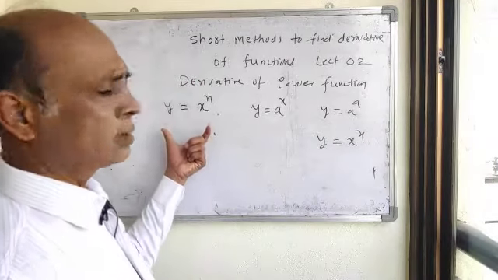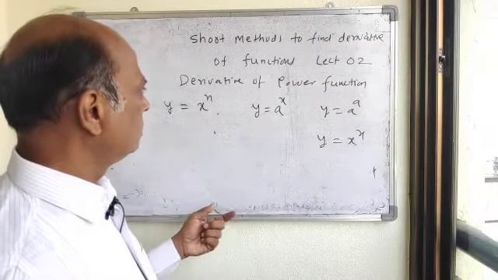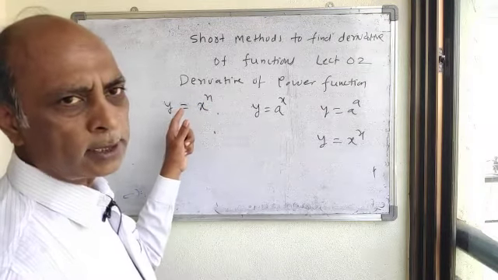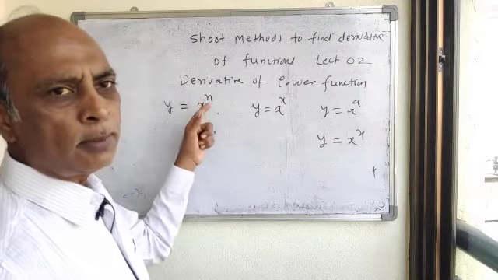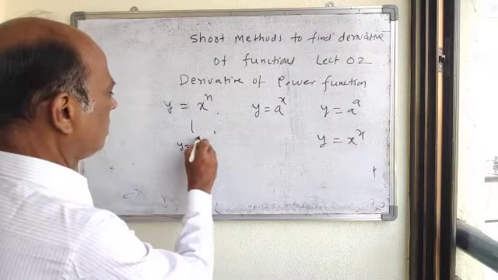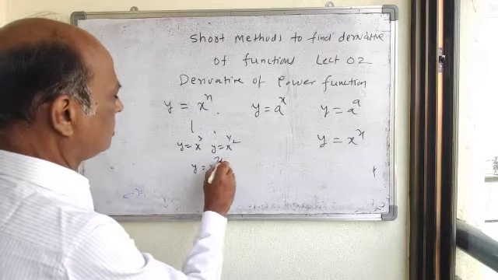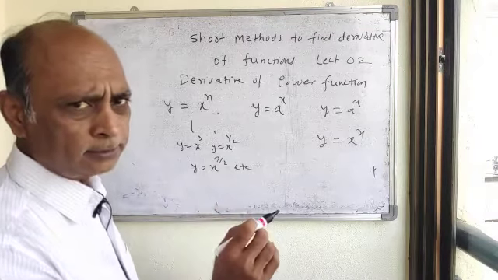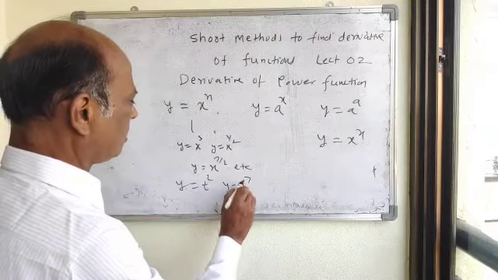So here y is equal to x to the power n. This is the power function. Here its base is variable. Base means x, that is the variable, and the power is constant. For example, y is equal to x cube, y is equal to x to the power half, or y is equal to x to the power 7 by 2, etc. Or if we change the variable, suppose t, y is equal to t square, y is equal to t to the power 7.